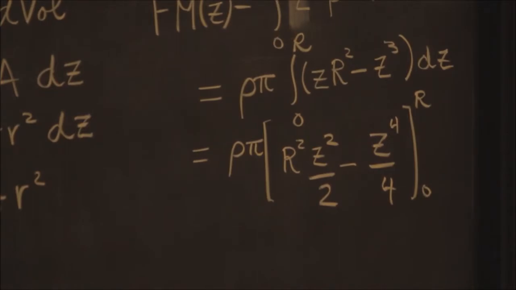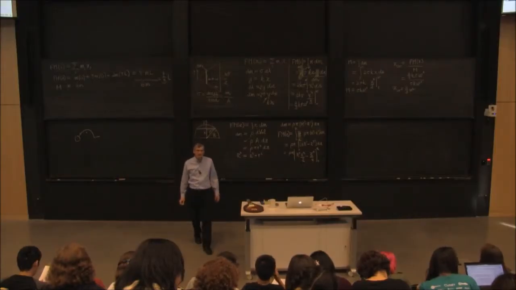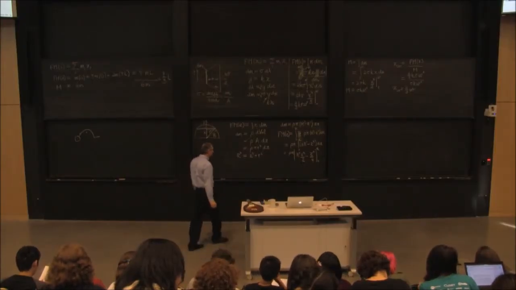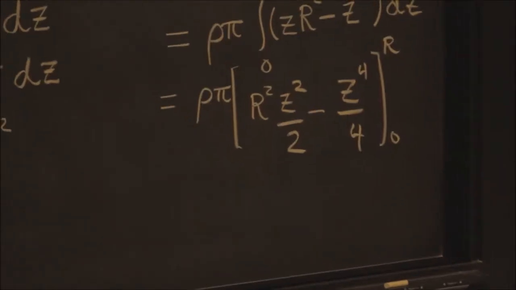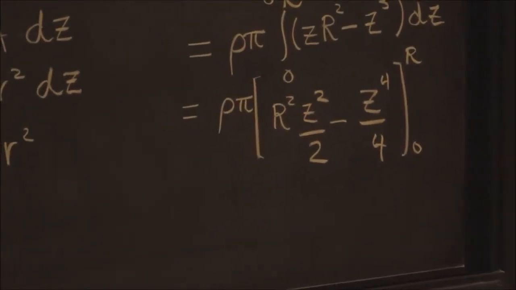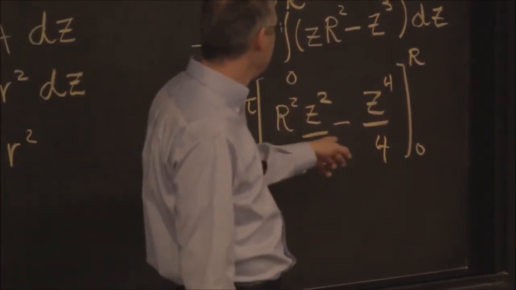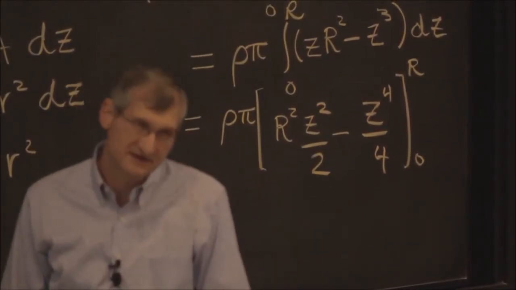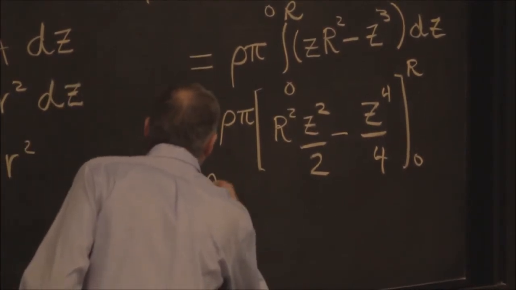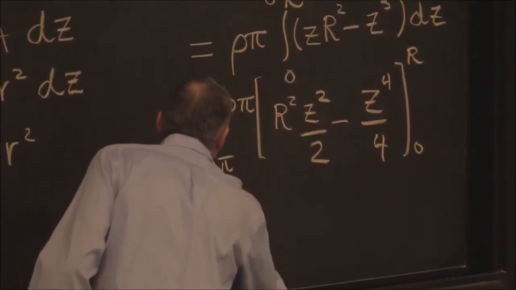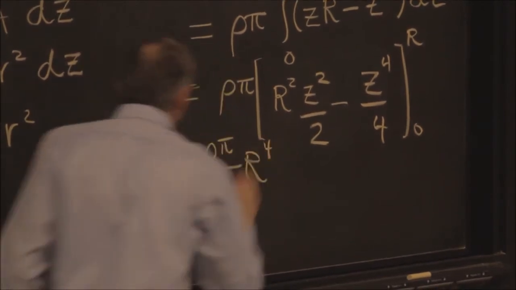So hopefully that's what you got? Okay, and by the time we substitute in capital R, the lower limit's easy. We're going to get R to the 4th over 2 minus R to the 4th over 4. So that's a quarter R to the 4th. So we have rho pi over 4 R to the 4th.